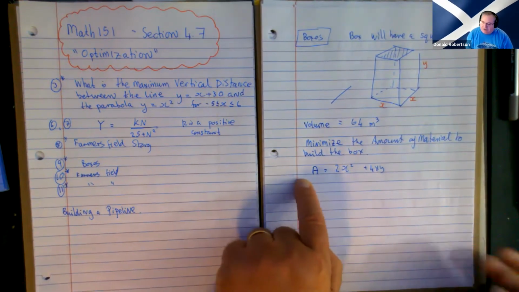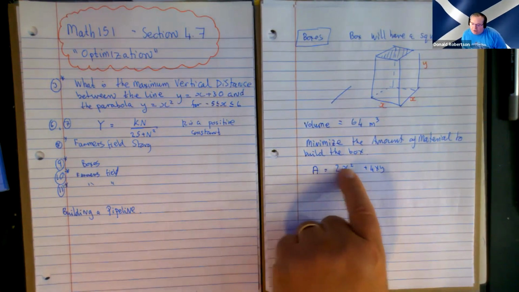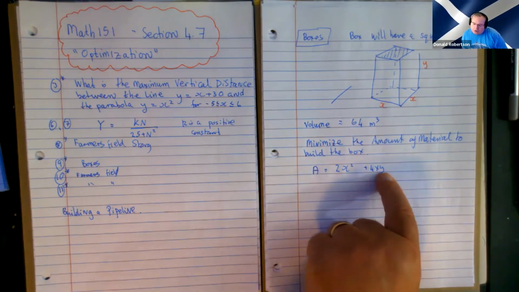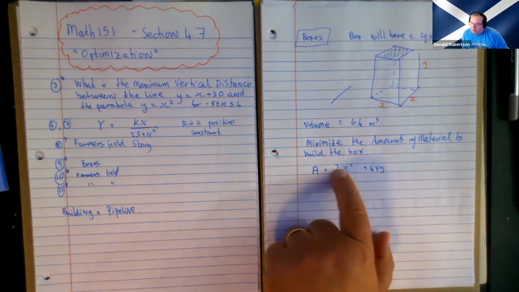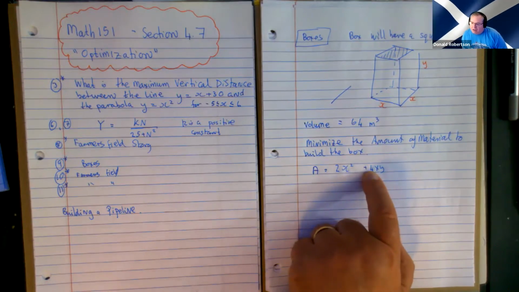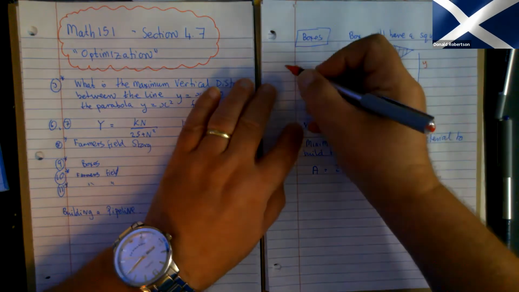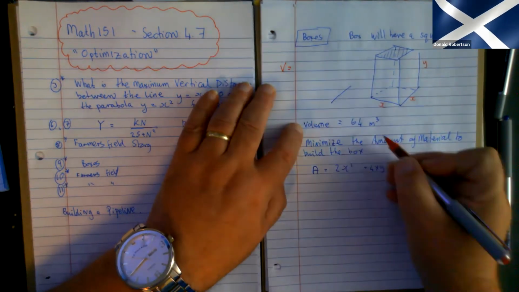That is my optimization function. That is the one that I want to minimize, right? Of course, not uncommon is that there is a Y in this formula. We don't like Y's in formulas. So I'm now going to use the fact that I know that the volume is 64.